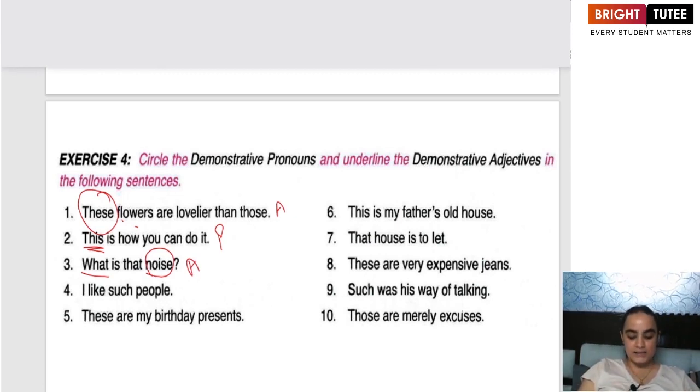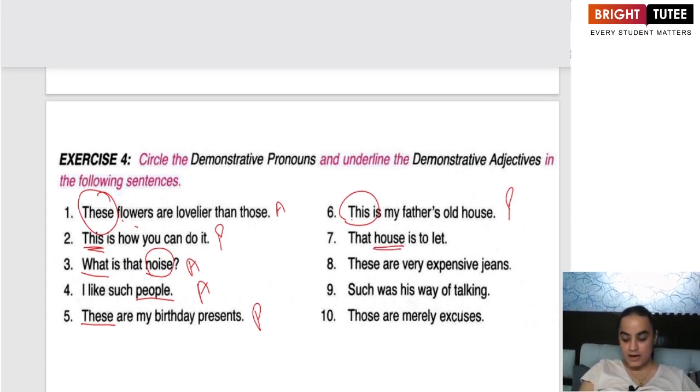I like such people. Again, we have used people with such. Noun is used, so this is an adjective. These are my birthday presents. These is without the noun next to it, so this is a pronoun. This is my father's old house. This is without the noun, so this is a pronoun. That house is to let.